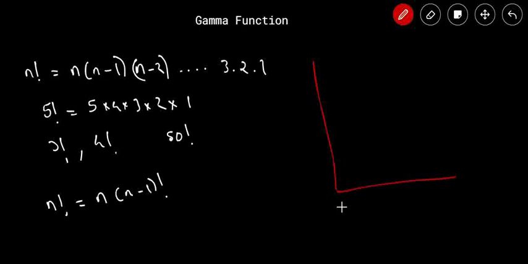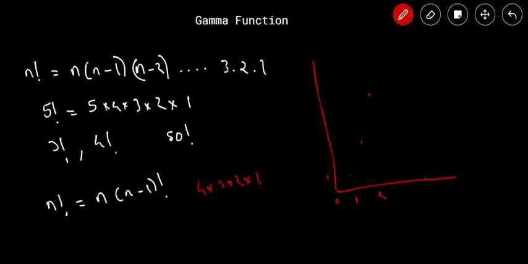So suppose we are plotting this factorial function, we have an x-axis and a y-axis like this. 0 factorial is 1, and 1 factorial is again 1, and 2 factorial will be 2, and 3 factorial will be 6, and 4 factorial will be 4 times 3 times 2 times 1, that will be 24.